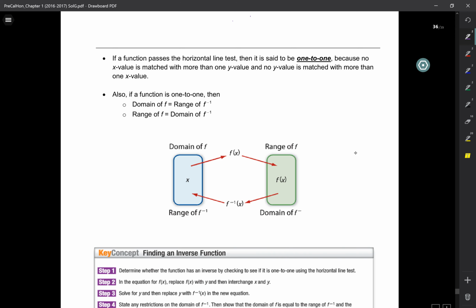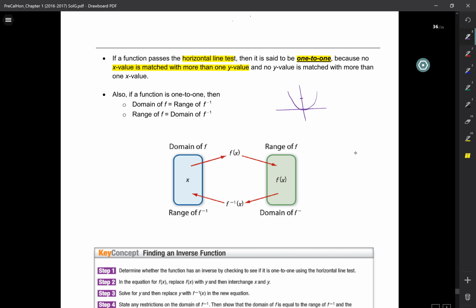What is it called when it passes the horizontal line test? Well, if it does pass the horizontal line test, it's called 1-to-1 because no x value is matched with more than one y value. So that means each of the y values has one corresponding x value. For example, take a look at this graph right here.